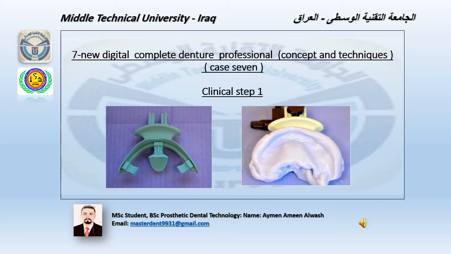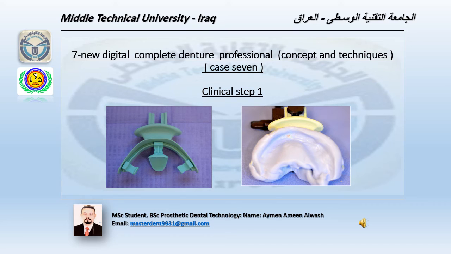And then we select a specialized type of tray. It's called the centric tray. It's supplied in different sizes. We select the proper size and check it inside the patient's mouth.